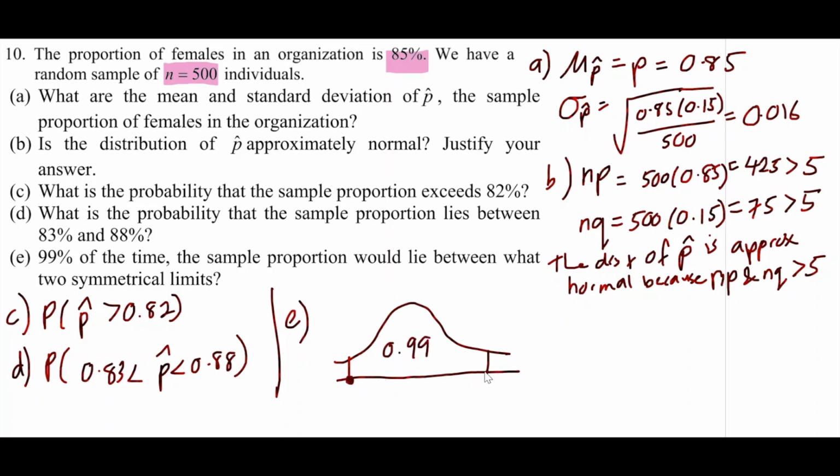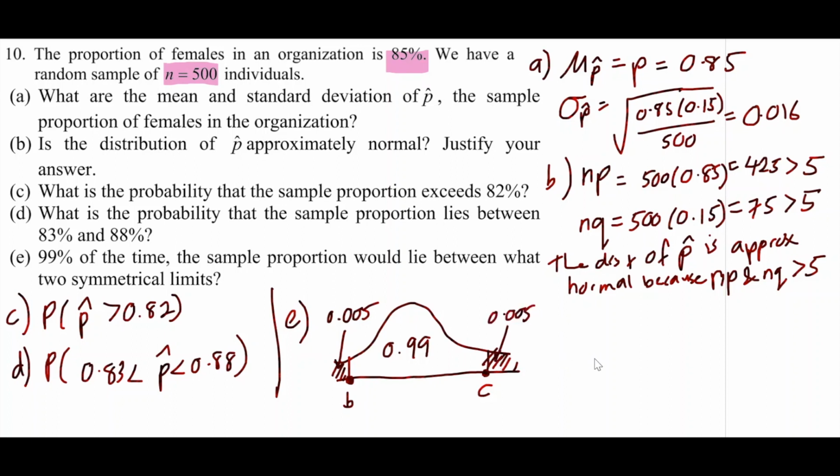You need to find the values of B and C here. So what's the probability of this area? 1 minus 0.99 divided by 2, which is 0.005, similar to the one here.